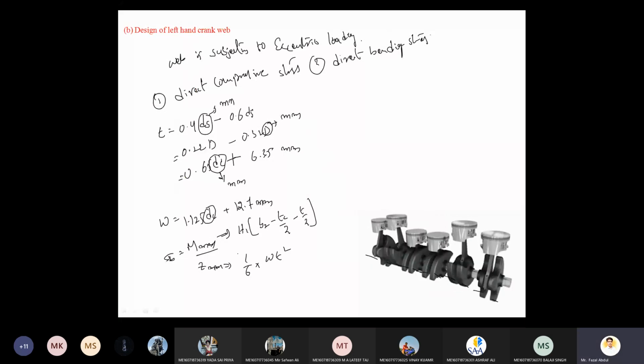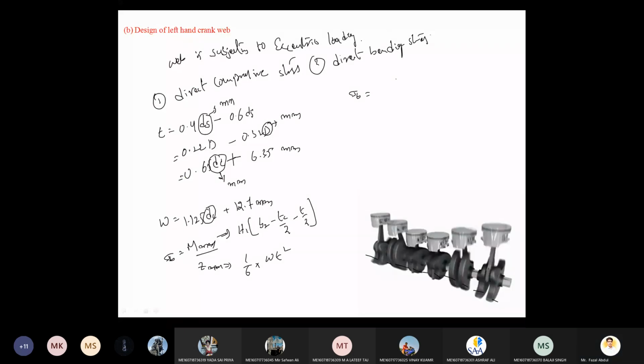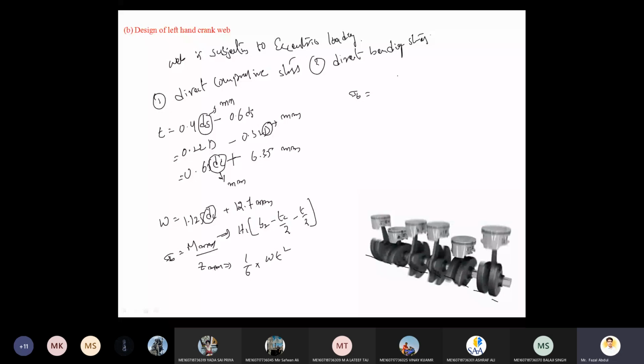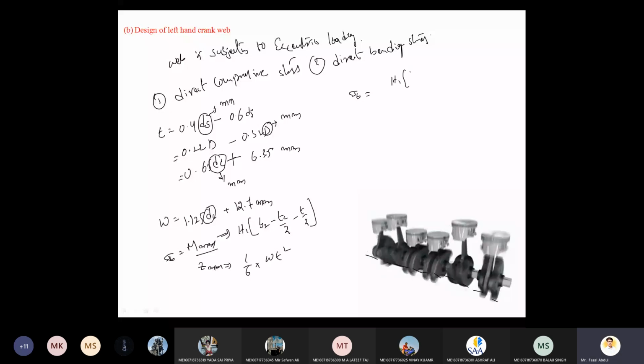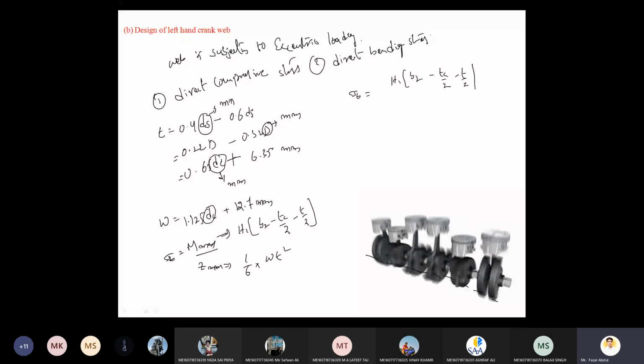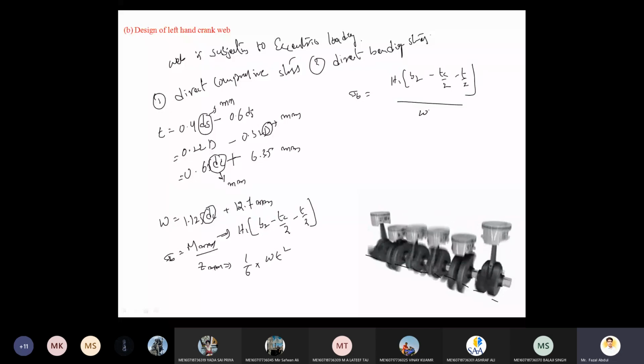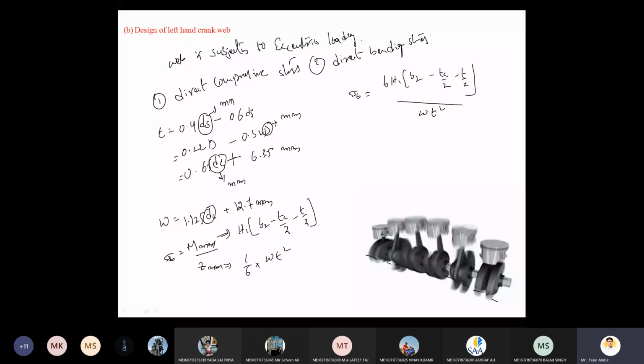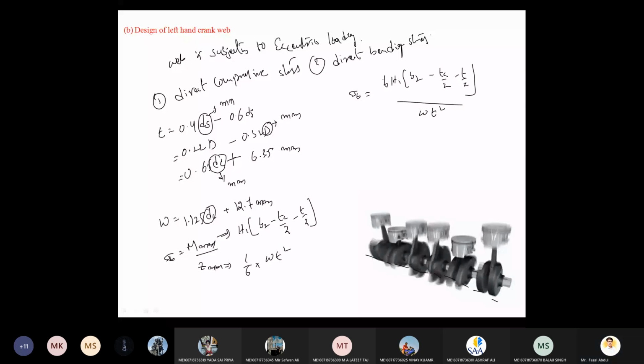Substitute here. And what is the bending stress? H1 into B2 minus TC by 2 minus T by 2, by W into T square, into 6. This is the bending stress.